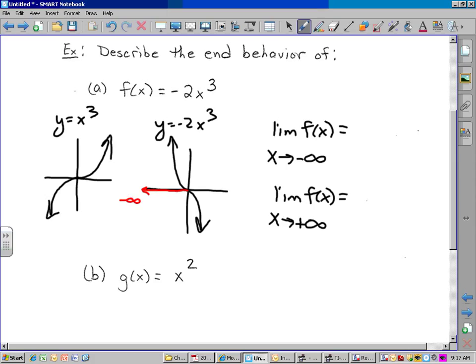To the left, the graph is going up. It goes up forever. That's your answer. It goes up. Starting at the origin, to the right, I'm approaching positive infinity. Where's the graph going? Way down. The negative is here.